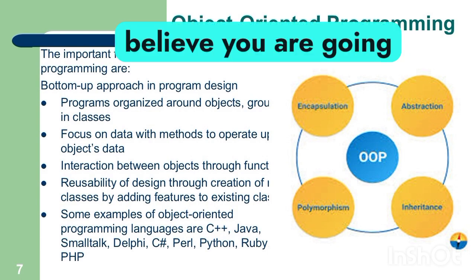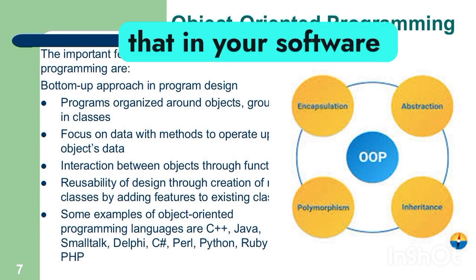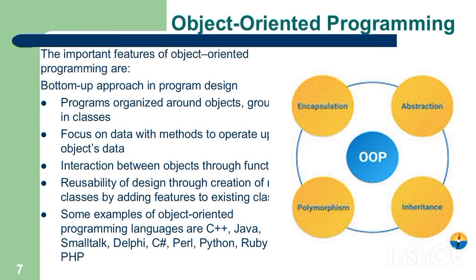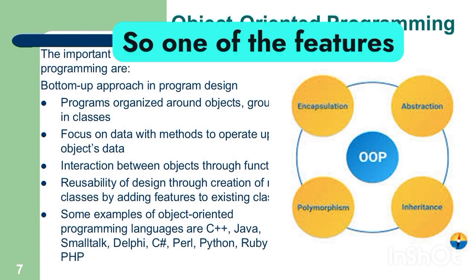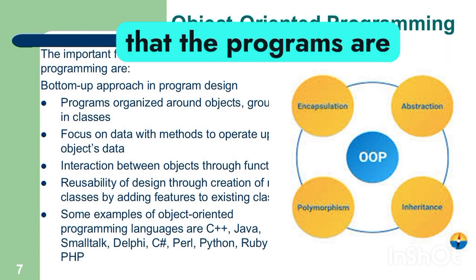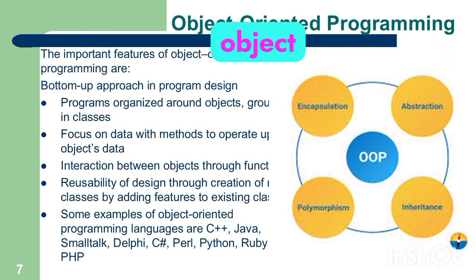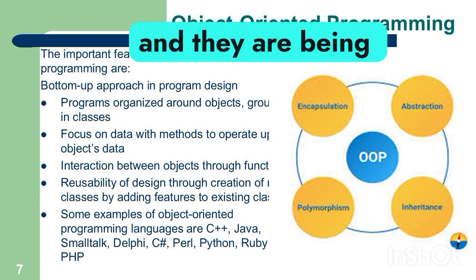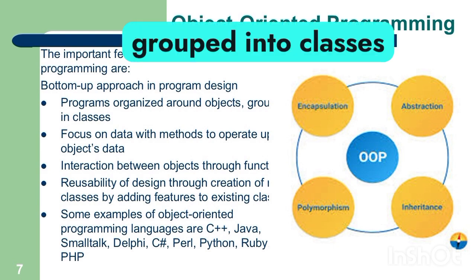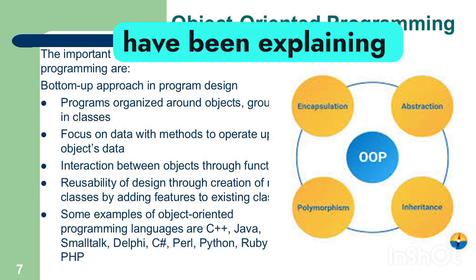So I believe you are going to do that in your software engineering course. One of the features is that the programs are organized around the object, and they are being grouped into classes, which we have been explaining.